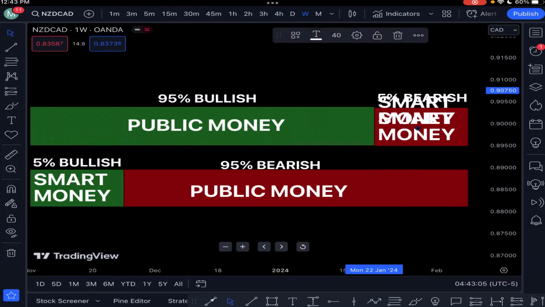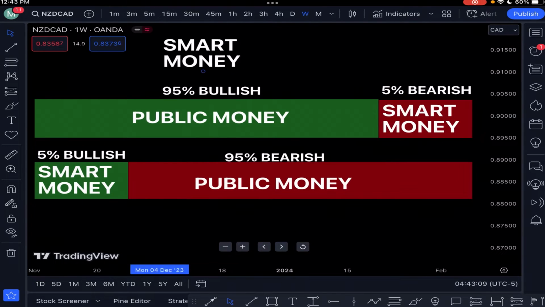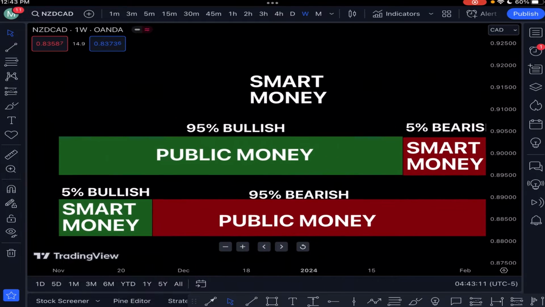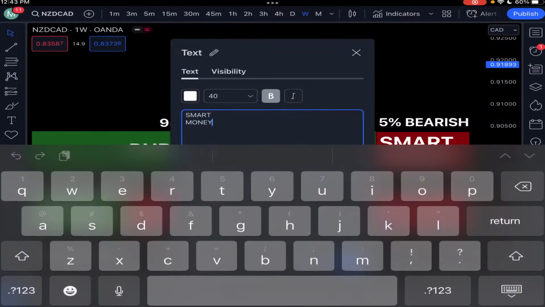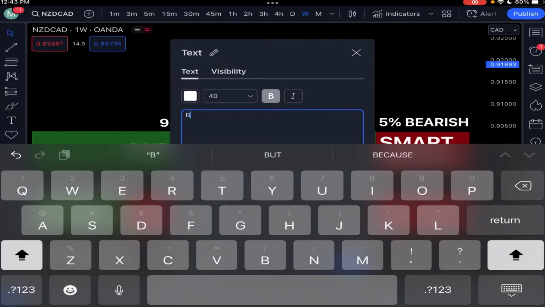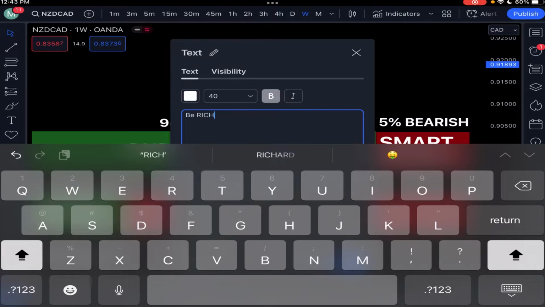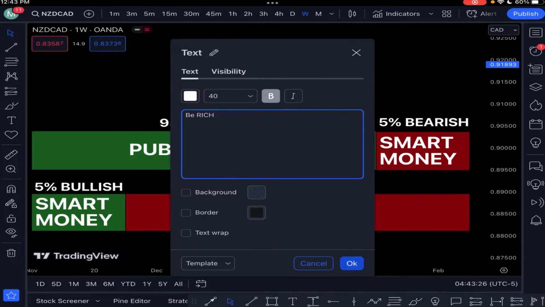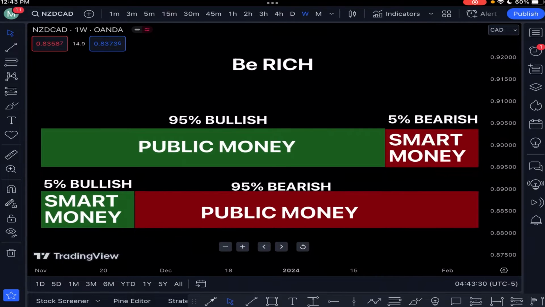Okay, now this is so complicated, more complicated than a computer itself. The B rich. So let's just assume we have the B rich there.